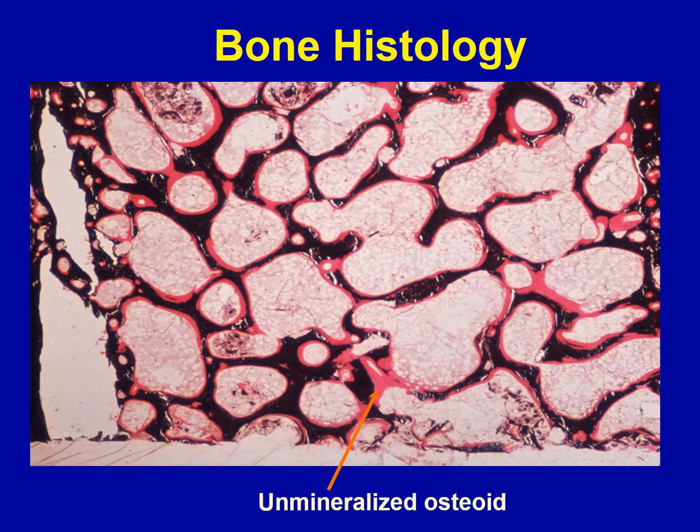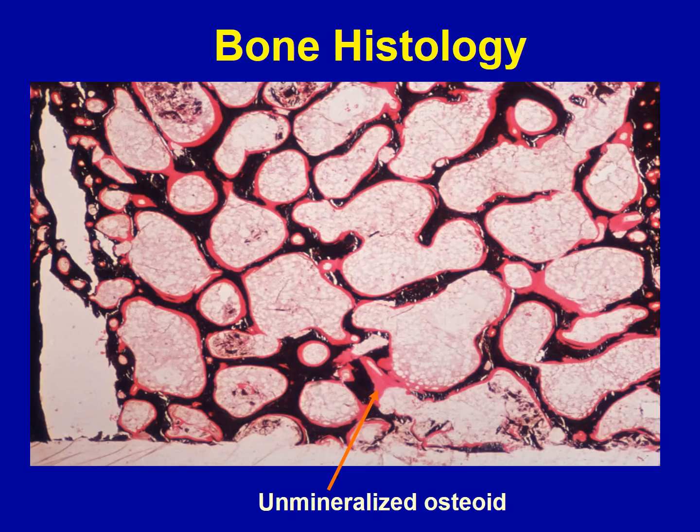And there should be very small amounts of unmineralized osteoid across the bone surfaces, which are labelled black in this slide, with the lighter areas between the bone trabeculae representing bone marrow space.